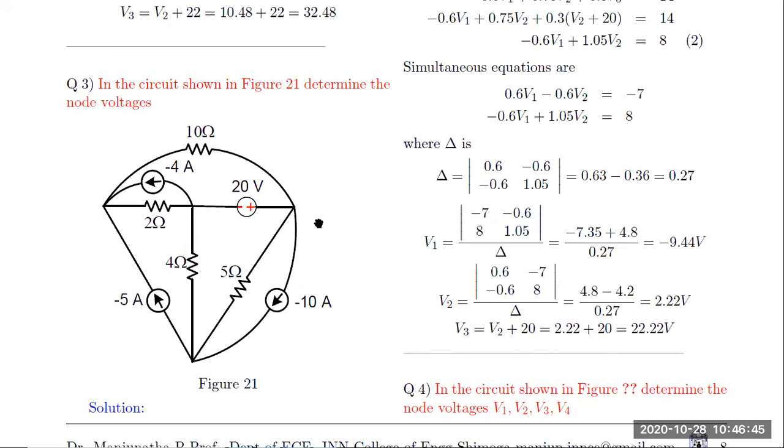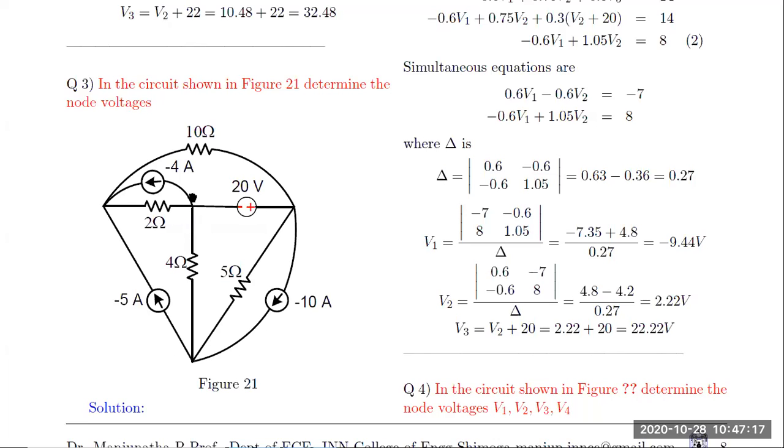For node 2: V2 by 4, then V2 minus V1 by 2. The source equation is V3 minus V2 equals 20.